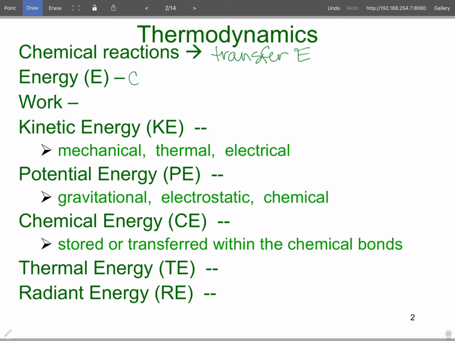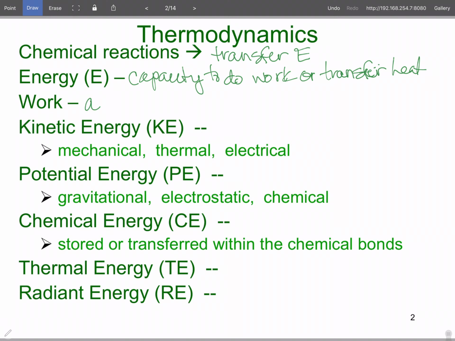Energy is the capacity to do work or transfer heat. And if you've taken physics, you've seen this before. It's pretty much the same definition. In physics, you kind of concentrate on the capacity to do work. In chemistry, we look at the transfer of heat as more common.